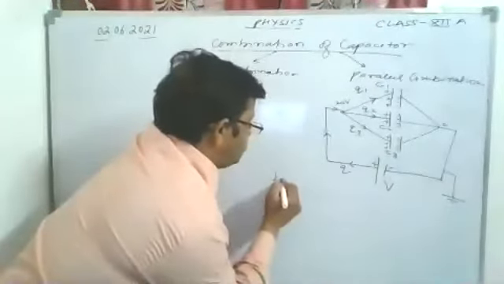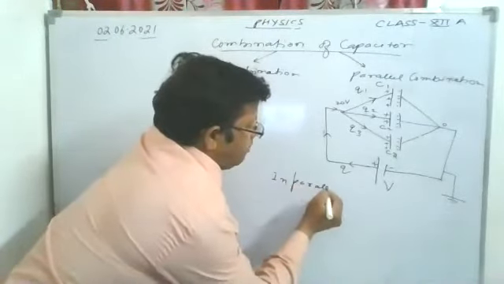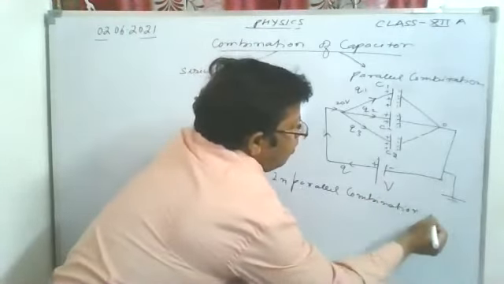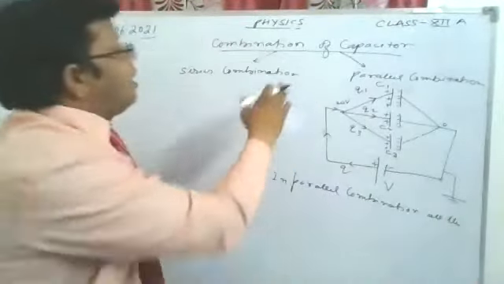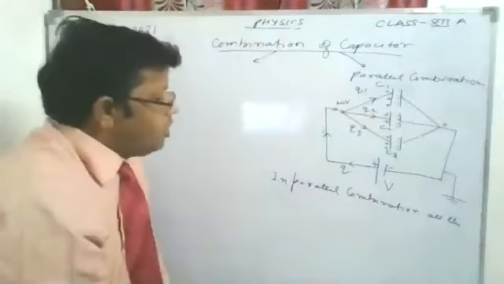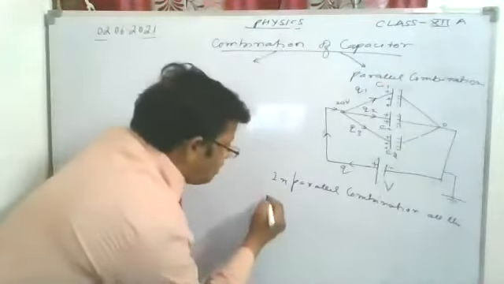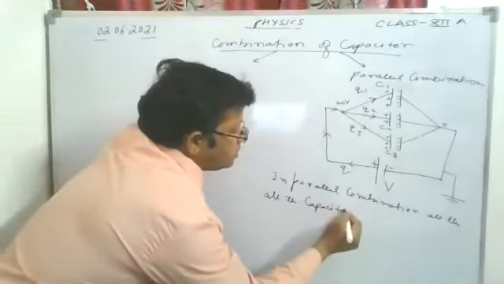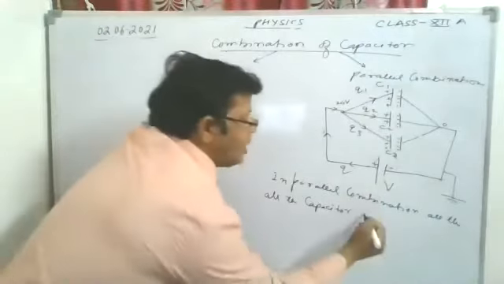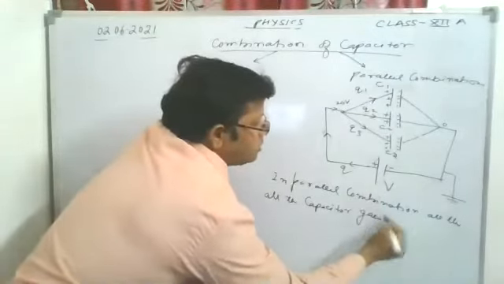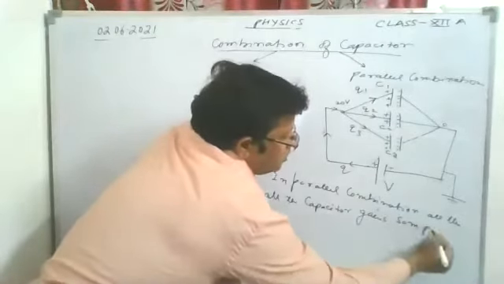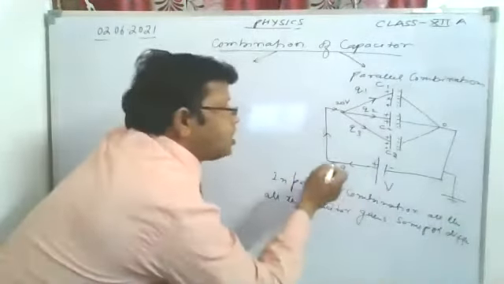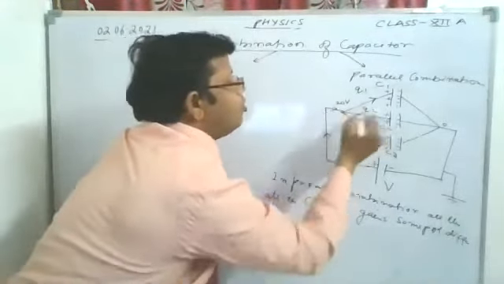In parallel combination, what is the first important point? All the capacitors gain the same potential difference. Series combination we will discuss later on. Whatever charge is supplied by the battery is distributed into three parts.